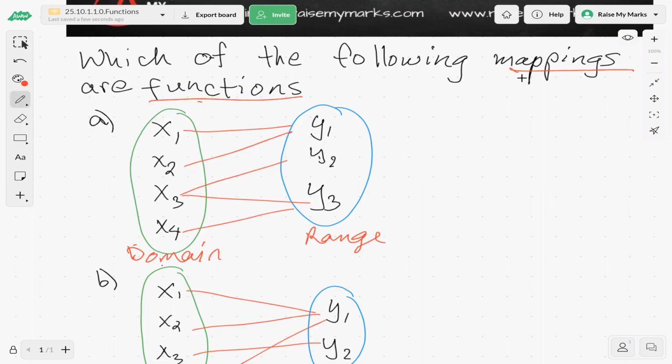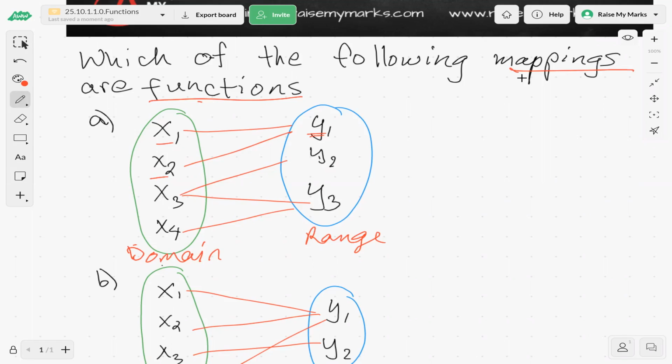If we look at all the values in our domain, or all our x values, x1, x2, x3, and x4, and we look at where they are mapping to, and how many values they're mapping to, if any. Our first value, x1, maps to a single value, y1. Our second value, x2, maps to a single value, y1 as well.